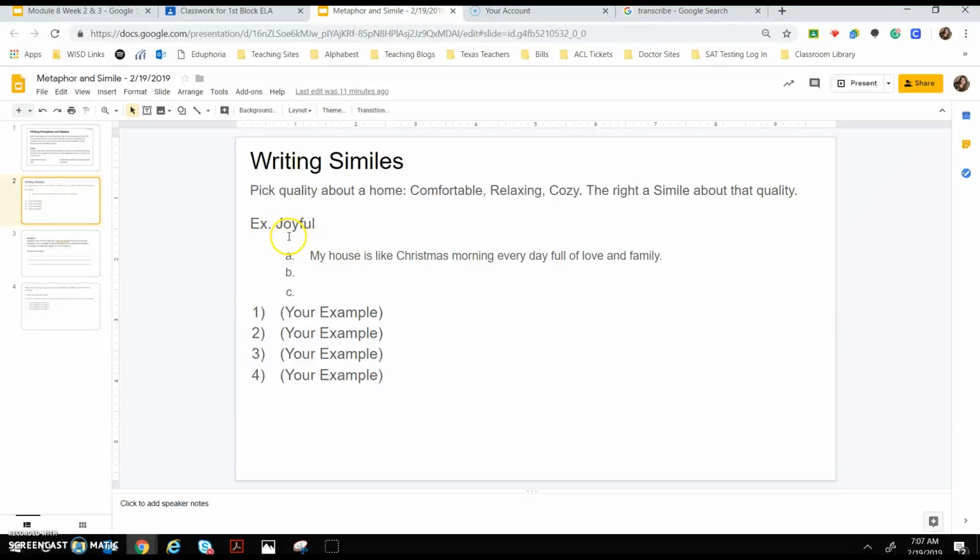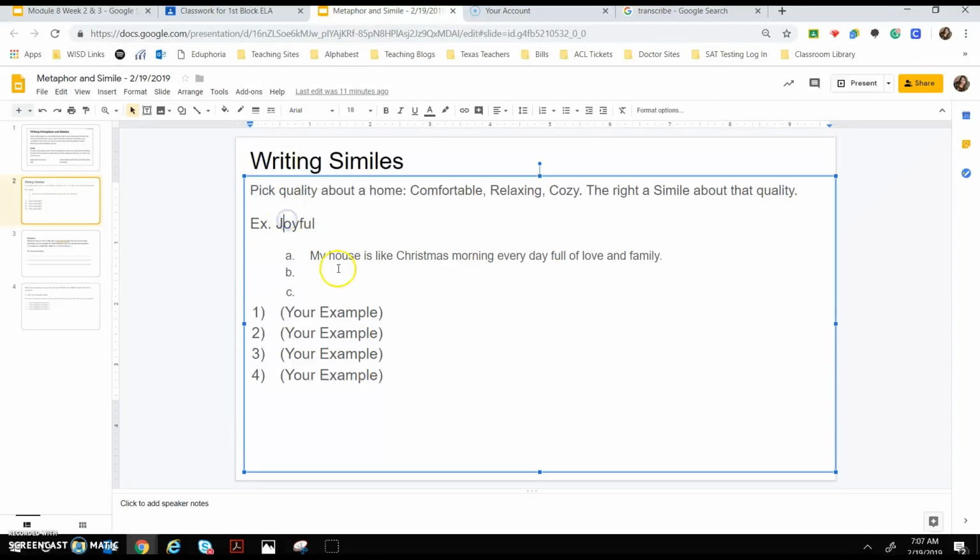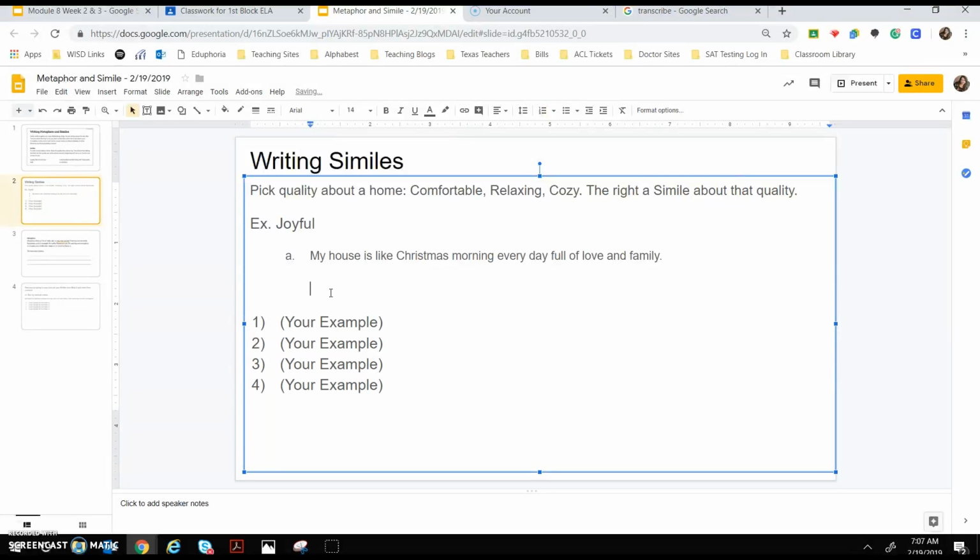So look at Miss Patterson's example. I picked joyful, and then I said, my house is like Christmas morning every day, full of love and family. Okay, so then you are going to do the same thing for yours. You're going to come up with 4 examples. You're going to pick a quality of a home. It could be these, or you could come up with your own, and you're going to write a simile.